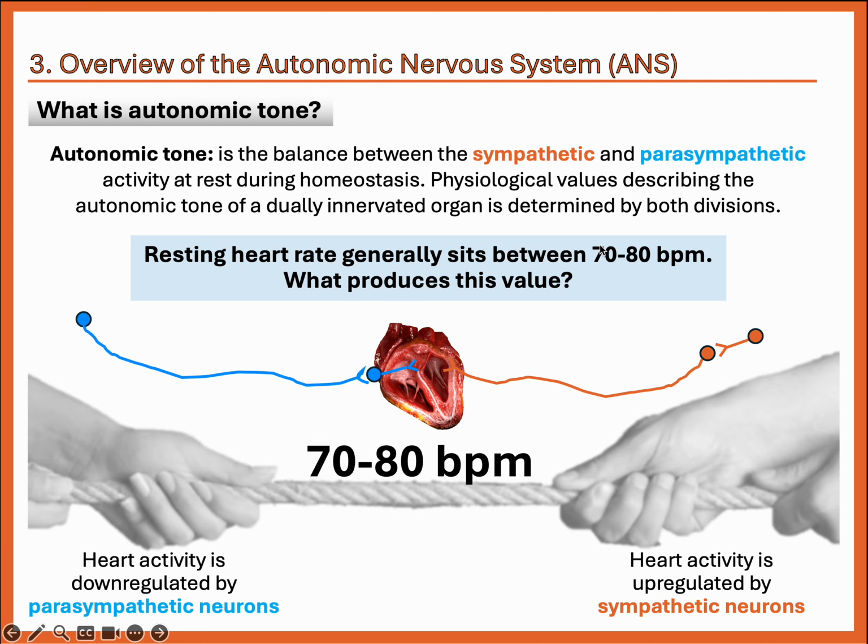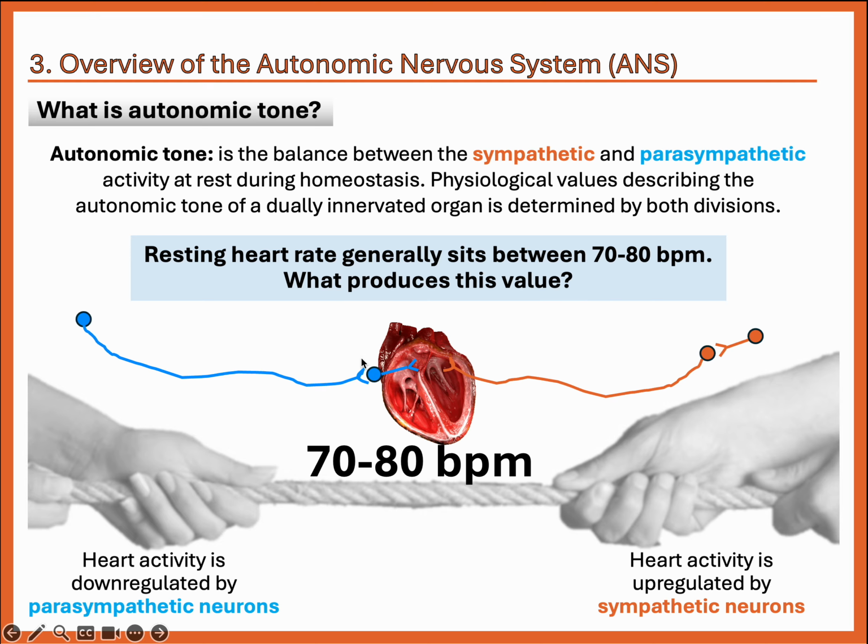Why is it 70 to 80 beats per minute? That's because the heart has these sympathetic neurons that go to it and tell it to beat fast, right? So these are the sympathetic neurons that say, go, go, go, beat faster. And it also has these parasympathetic neurons that go to it and say, whoa, slow down the heart rate.